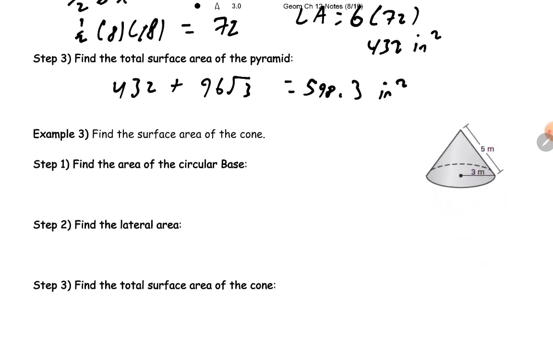All right, surface area of a cone. So I'm just going to write it down here. Surface area of a cone is the area of the base plus the lateral area.